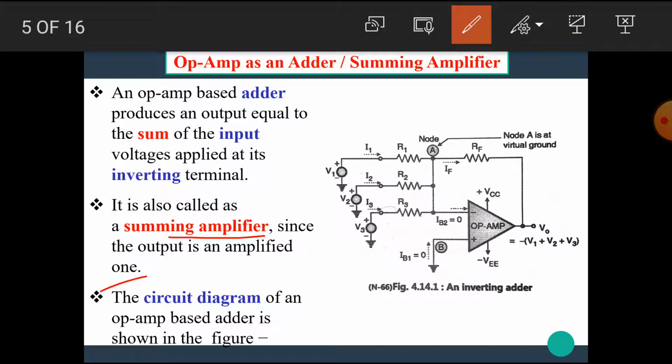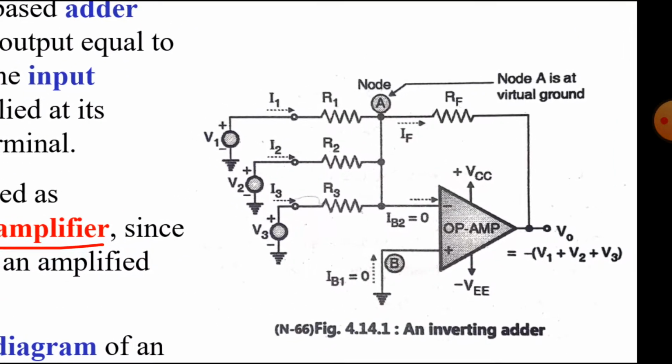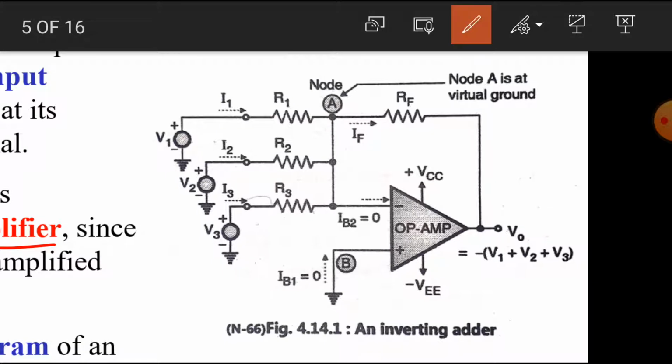The circuit diagram of the op-amp based adder is shown here. If we look at the diagram, we can see that the non-inverting terminal is grounded and the signal is given to the inverting terminal. Hence, this is an inverting adder. At the inverting terminal, three signals are given, V1, V2 and V3, and the feedback resistor RF is connected.